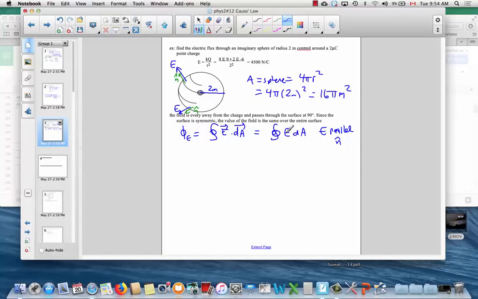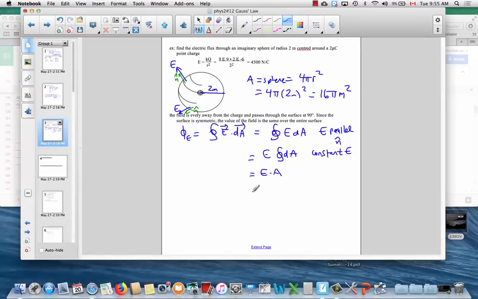Then, because the electric field is everywhere constant over this imaginary surface, constant things can come out of integrals. Finally, if you add up a little bit of area, dA, all over the surface, you get the total area of the surface. On the previous page, we said you'll never have to do a surface integral if it's for a symmetric surface.